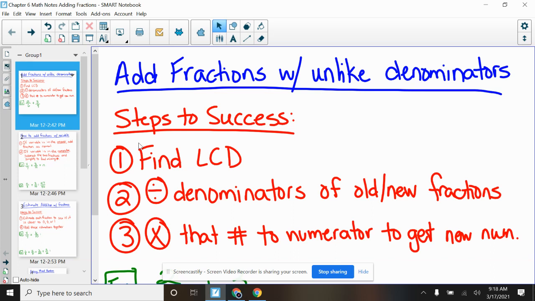This is lesson 6.2. We are skipping some of these lessons because some of them are wasted space. You need to be taught how to add fractions that don't have like denominators, and how to add mixed numbers, and that's what we're going to do. Some of those lessons in this chapter take up space, and we're not going to do them, okay?